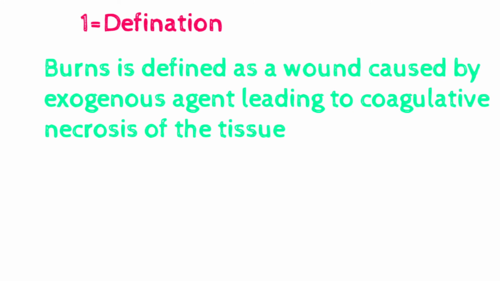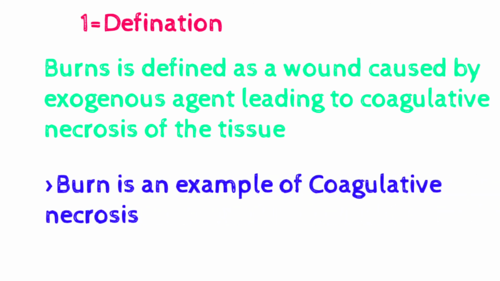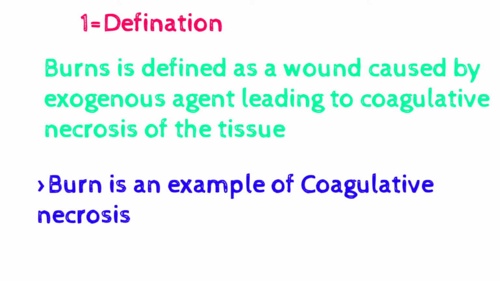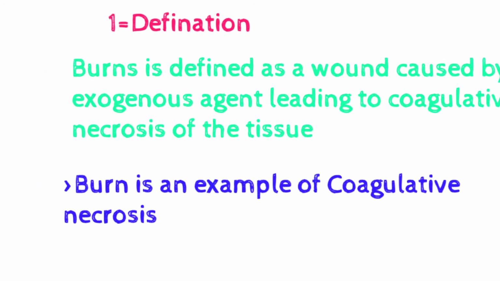Third, it is a coagulative necrosis of the tissue. If in MCQs the question comes, burn is an example of coagulative necrosis or caseous necrosis, our answer will be burn is an example of coagulative necrosis. This is the first method to define burn.